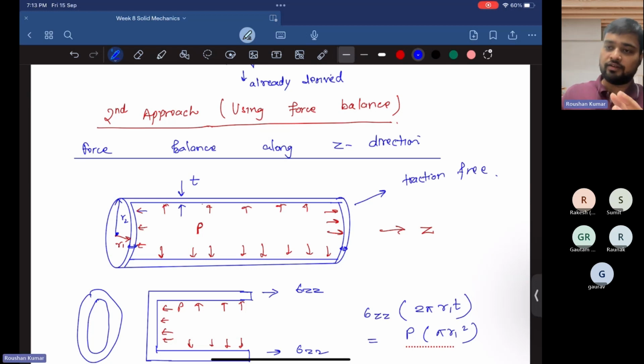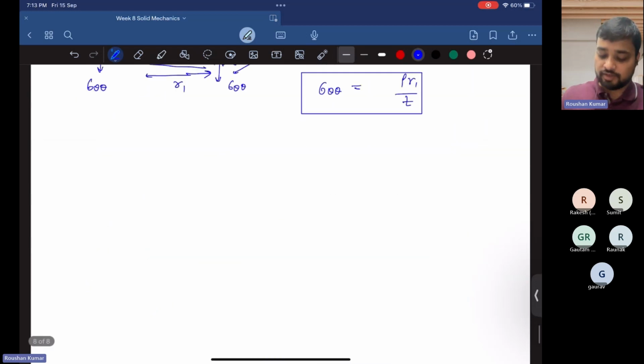So you can see that there is no force acting from the outside, and we can say from this equation that due to continuity of stress along the radial direction, the inside radial stress also must have zero value, because from the outside there is no stress, because there is no force acting from the outside.